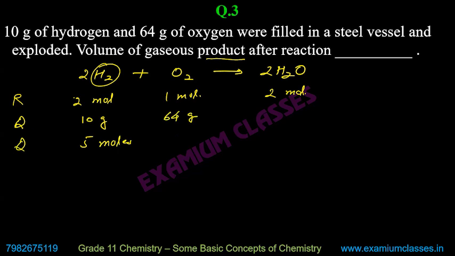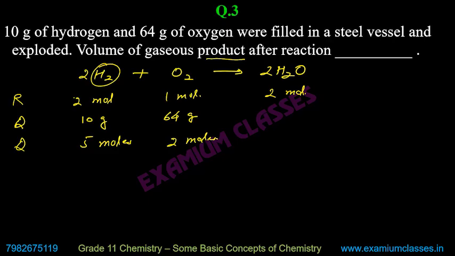Oxygen means it exists as dioxygen. So how many moles of oxygen? 64 divided by 32, that is 2 moles. So effectively you have 5 moles of hydrogen, 2 moles of oxygen. You need to calculate how many moles of water will be produced.